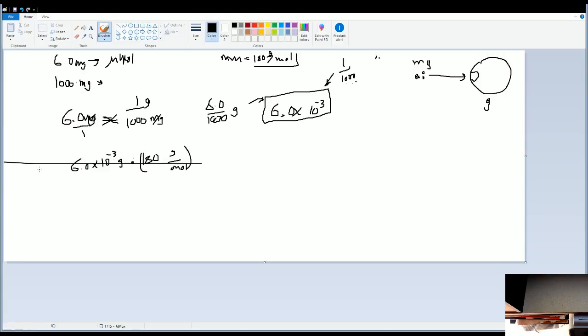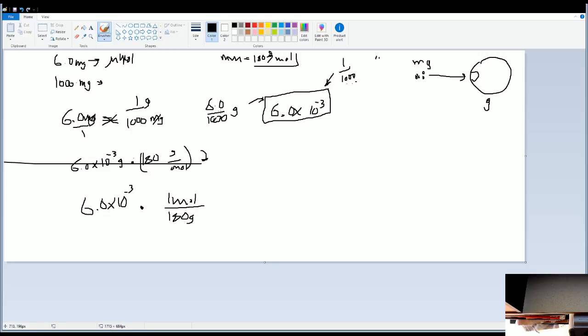Yeah, so it's the opposite of this. So you go 6 times 10 to the negative 3 times 1 mole, 180 grams.